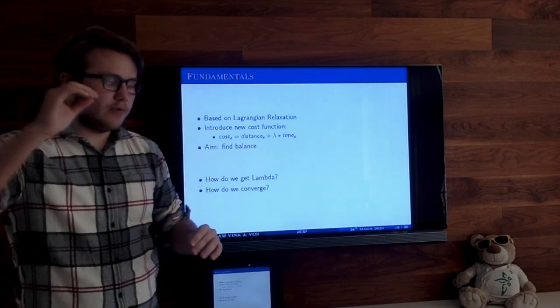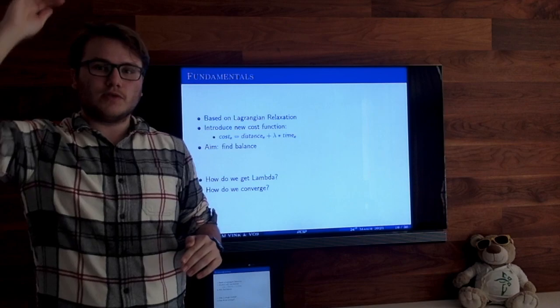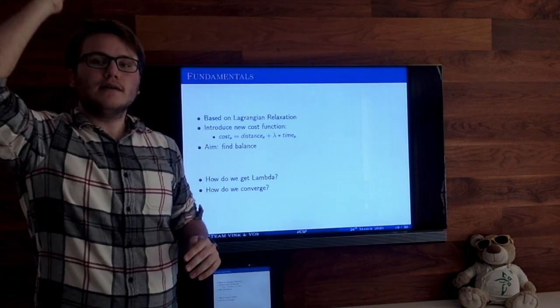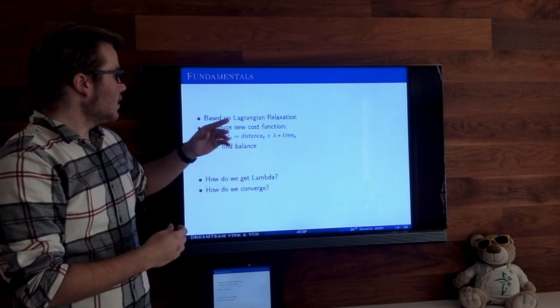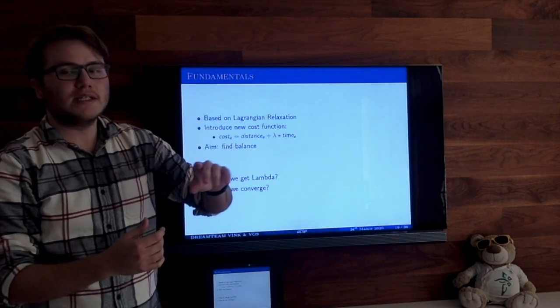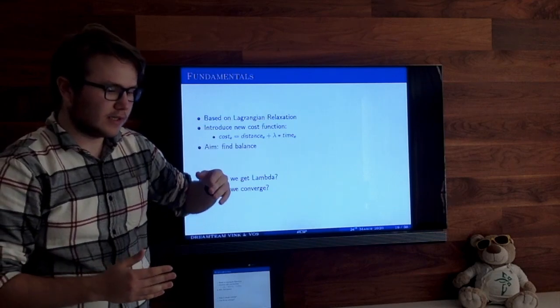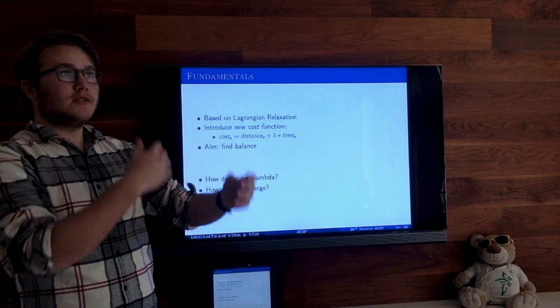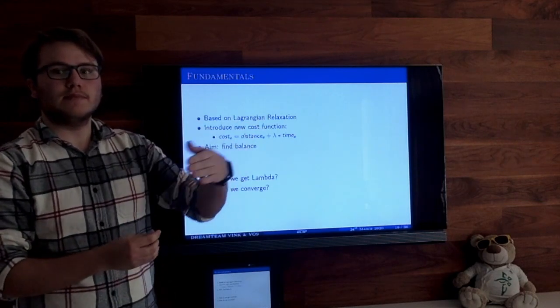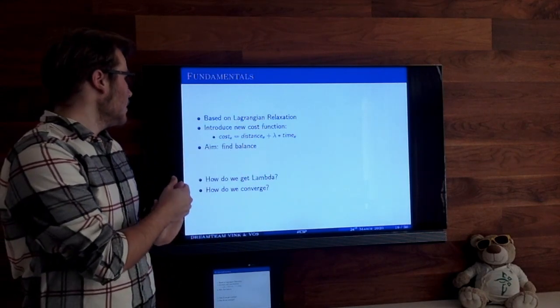If, for example, the time of our shortest path is really high, we would increase our lambda so as to get time more dominating over the cost function. So we would get a shortest path from S to T where, because time is more dominating, we would minimize the amount of time in the path.